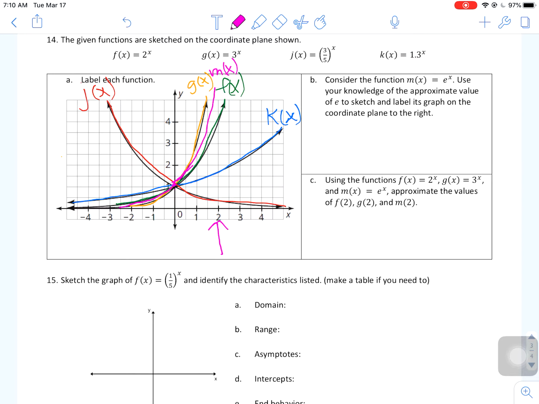So f of 2 is 2 to the second, which is just 4. G of 2 equals 3 to the second, which is just 9.